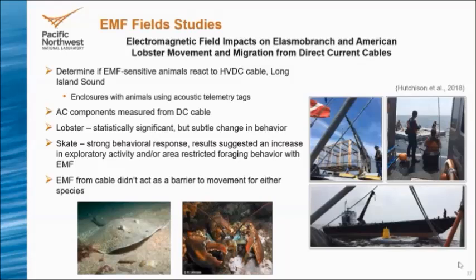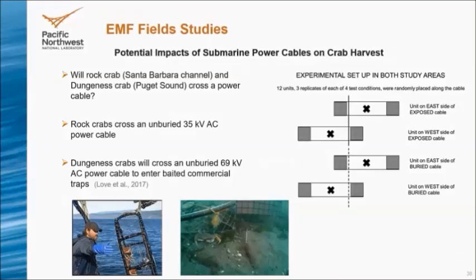They saw skates, again elasmobranchs, had some strong responses, and they may have been restricted a little in their movement, but these cables don't appear to act as a barrier. The EMF is not keeping animals from getting to where they want to go. Next.